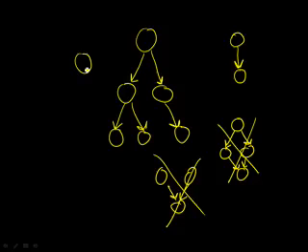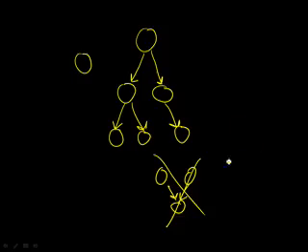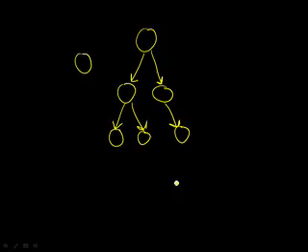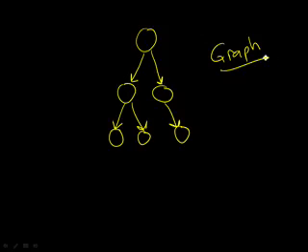Now let me talk about something else. The study of trees is a branch of something called graph theory. And a tree is a kind of graph. There are all sorts of graphs.